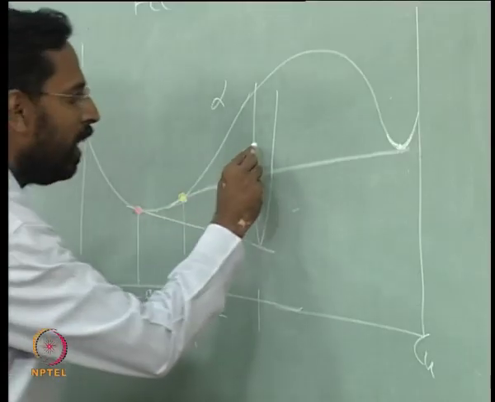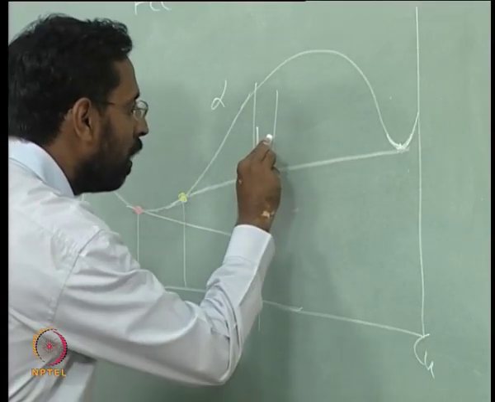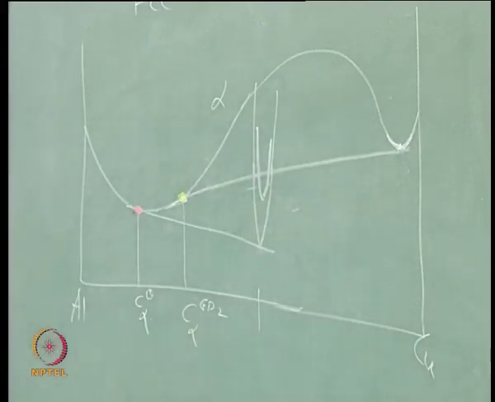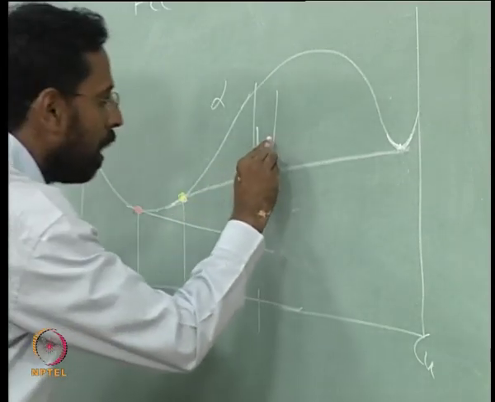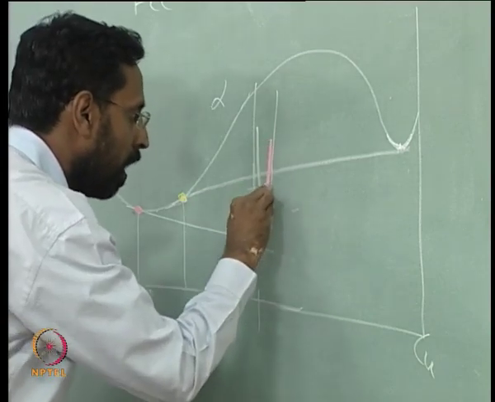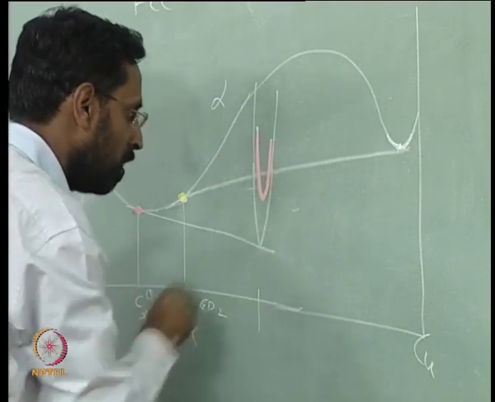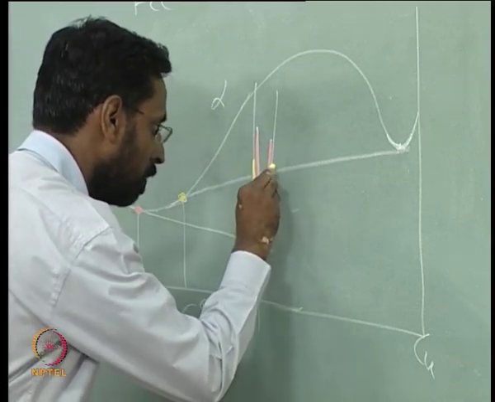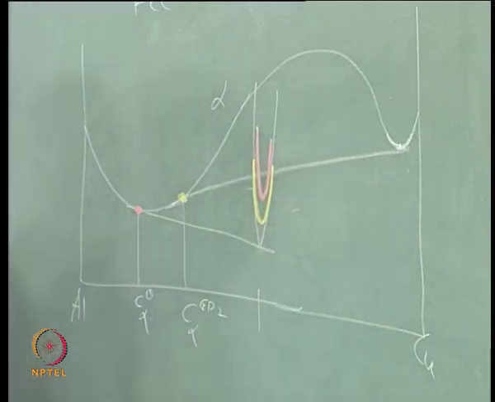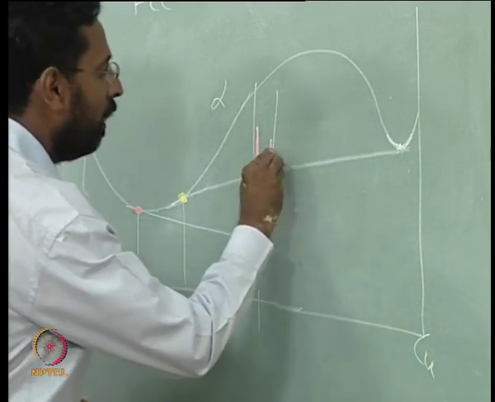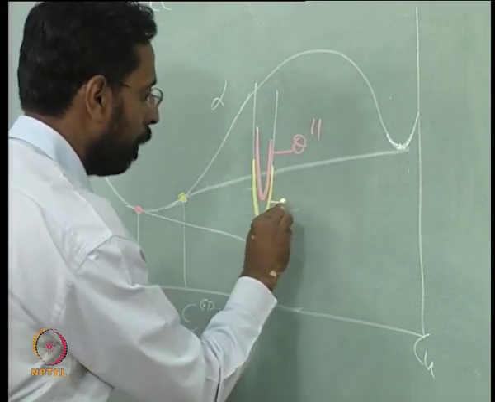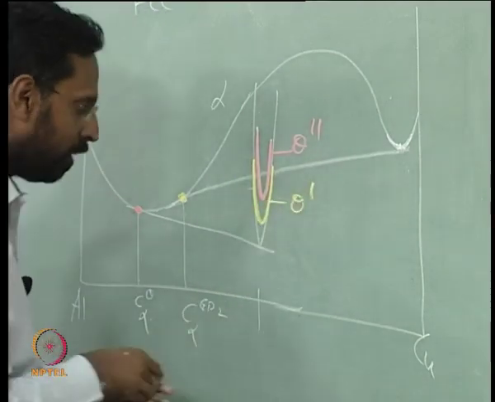So you will see that if I draw something like this, one is, let us say, theta double prime, and this is theta prime, and this is our theta.